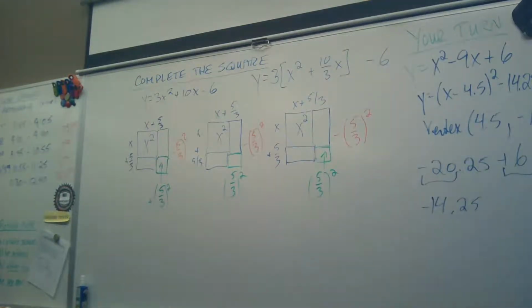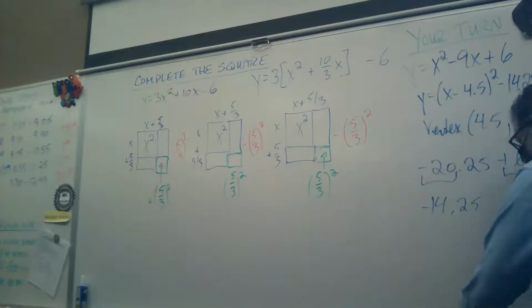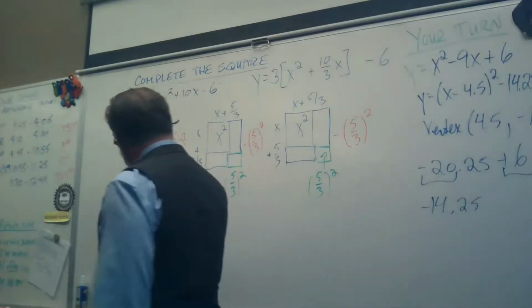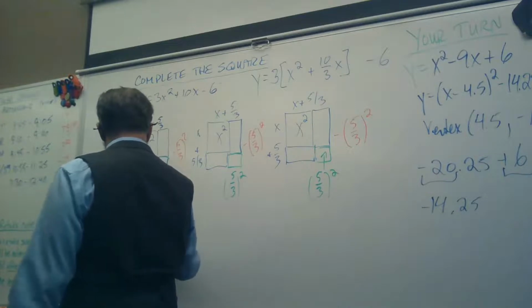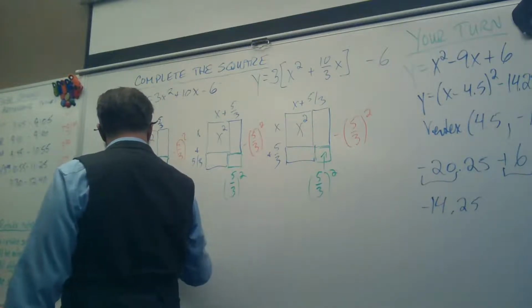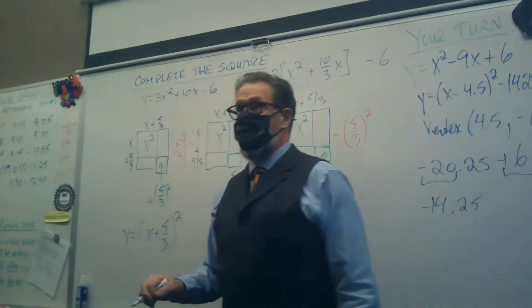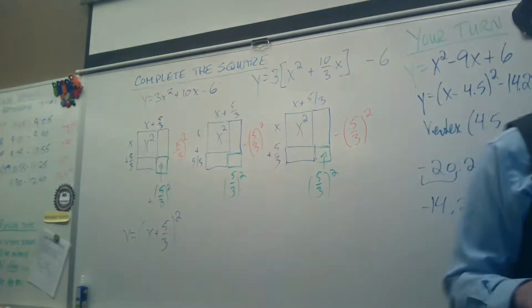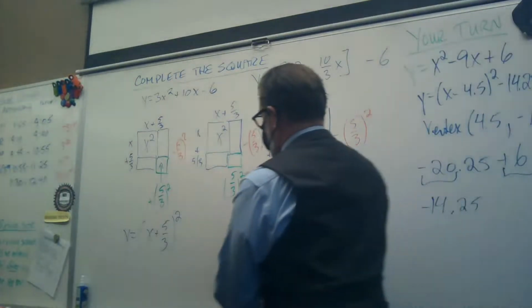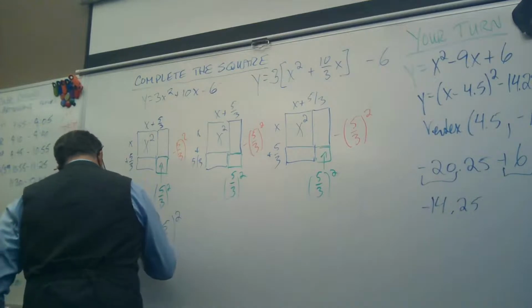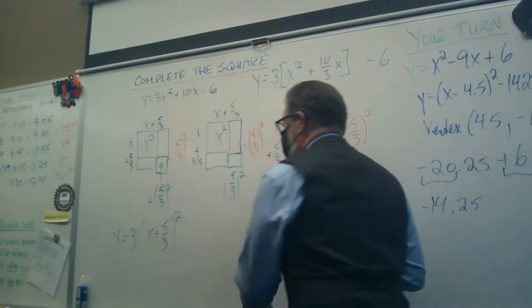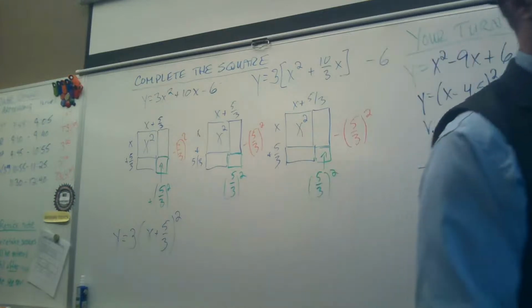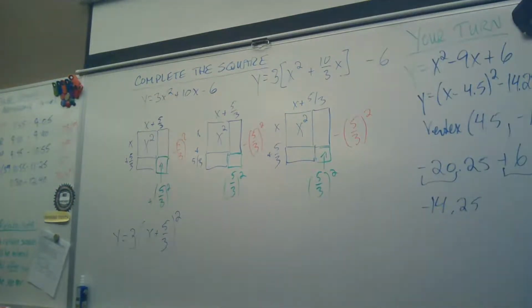Whew. It's getting complicated. And what have I got here? Well, I've got x plus 5/3 squared. You ready for a shortcut? I totally want a shortcut. Hey, I got 3 of these. So I don't have to write x plus 5/3 squared plus x plus 5/3 squared plus x plus 5/3 squared. I look at that and I go, oh, look, I got 3 of them.